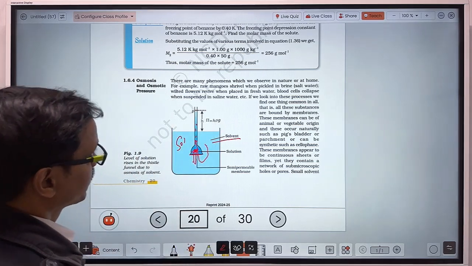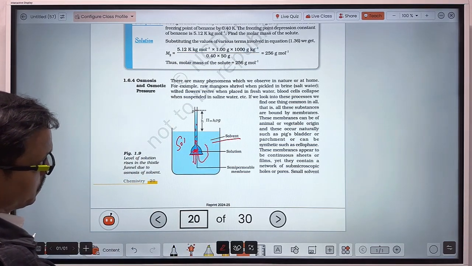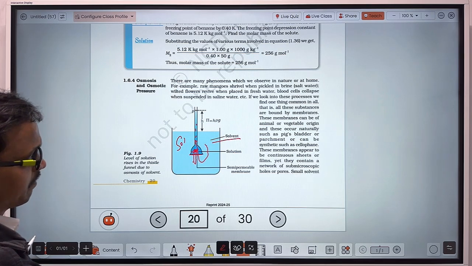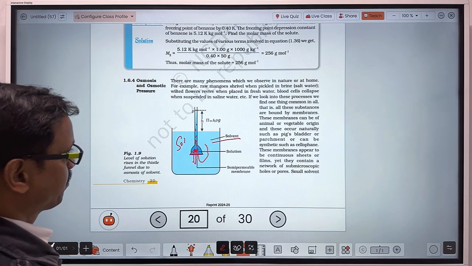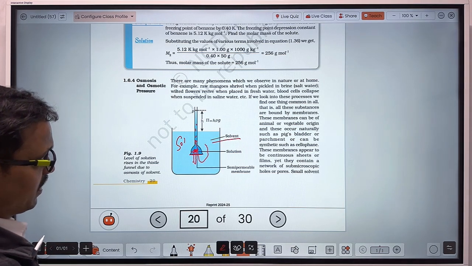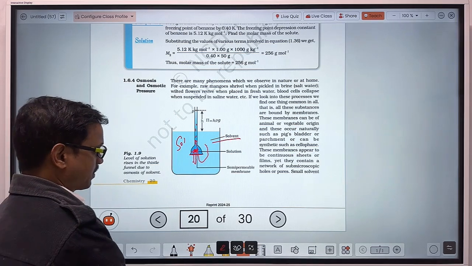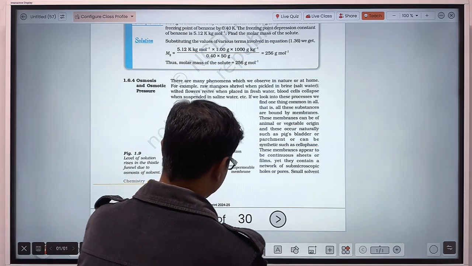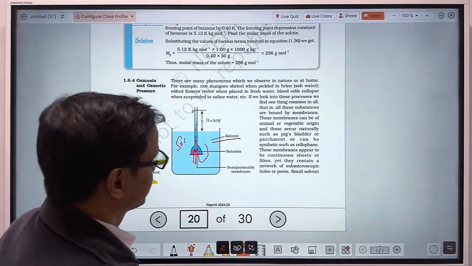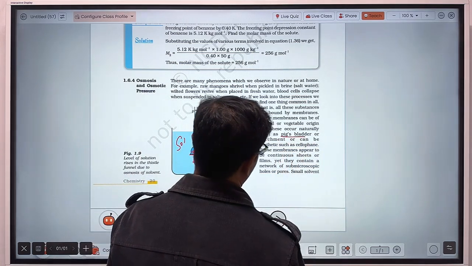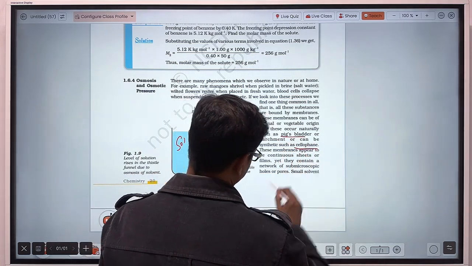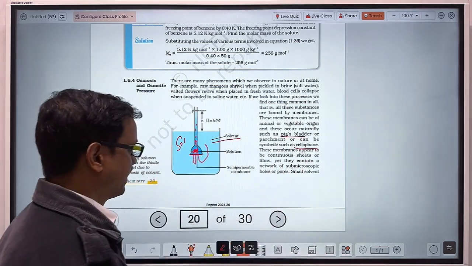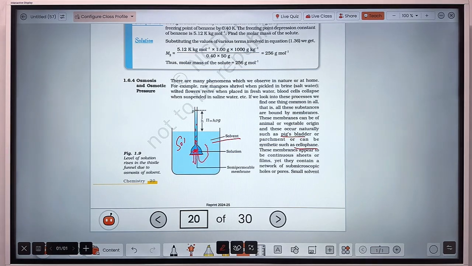Usually the goat's urinary bladder or pig's bladder or the parchment paper or the cellophane are used as semi-permeable membrane.